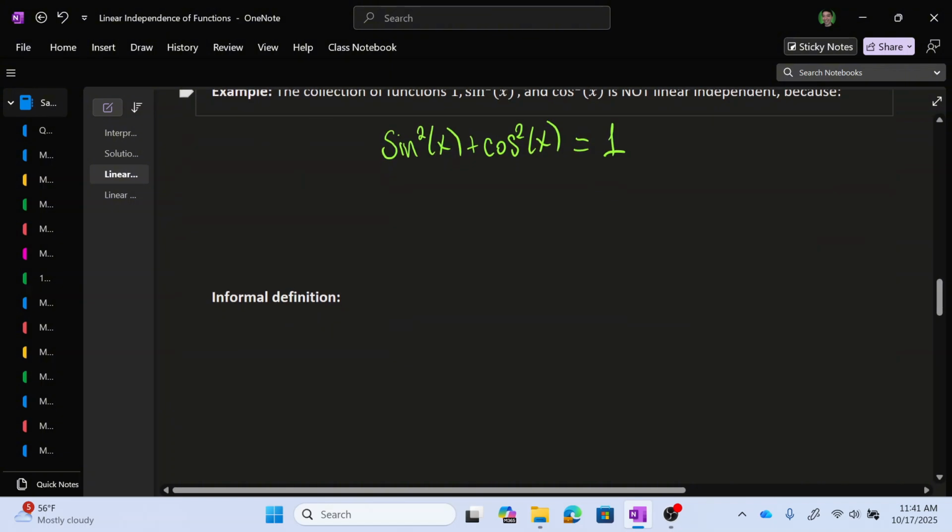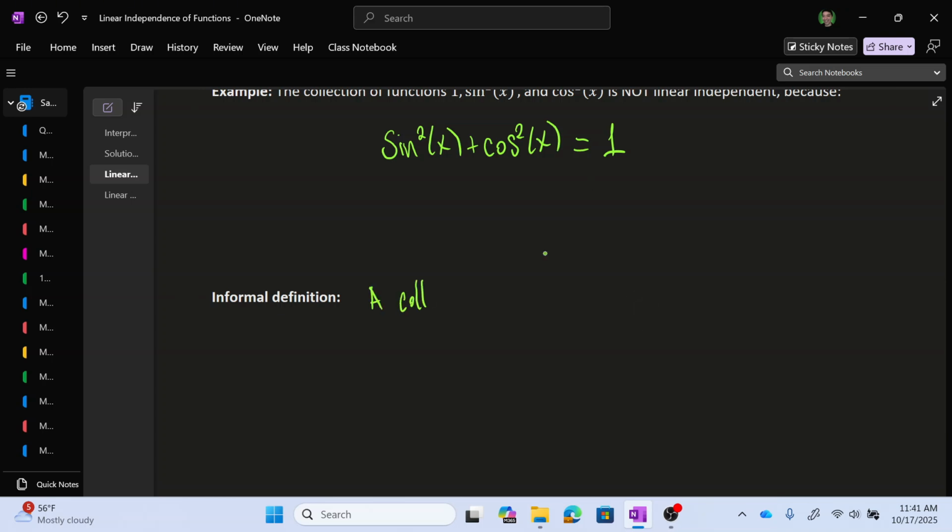Now, let me try and capture in plain terms what linear independence is saying to us. If you have a collection of functions that is linearly independent, then that collection of functions does not have really any redundancy inside of it.